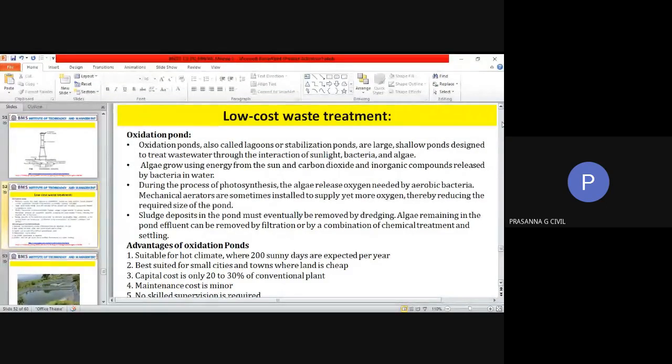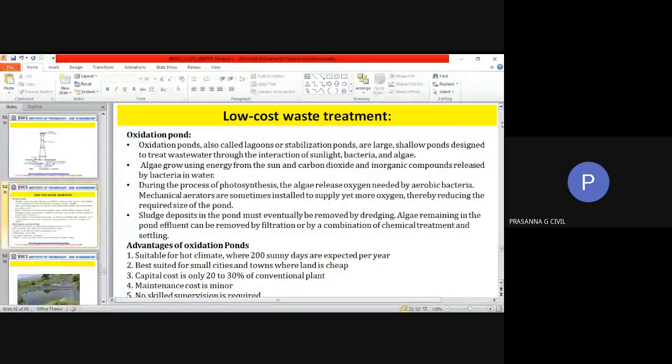That pool we used to call a lagoon. So here it can be an artificially created pond, or it can be a natural pond that they are using for treating wastewater. Okay, so such designed systems are called oxidation ponds.